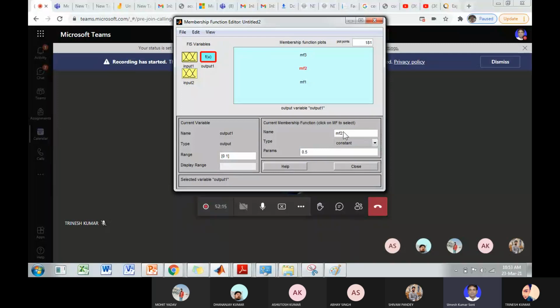Suppose mf2 and mf3 all have params, that is the center of their ranges 0 to 1, that will be 1. So we define the membership grades in terms of param values. And you can also define the linear values of fuzzy membership mathematically. So this will define the Sujano membership function.